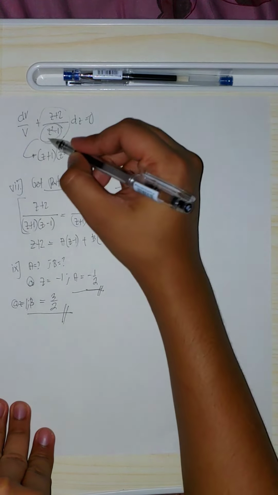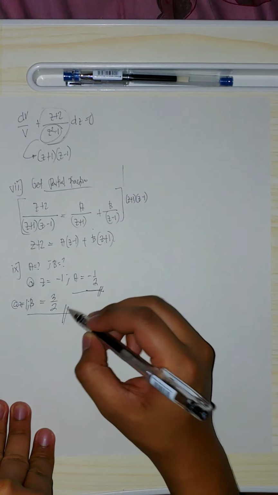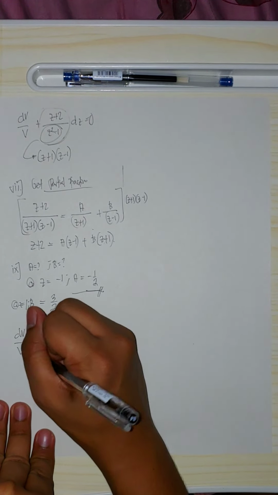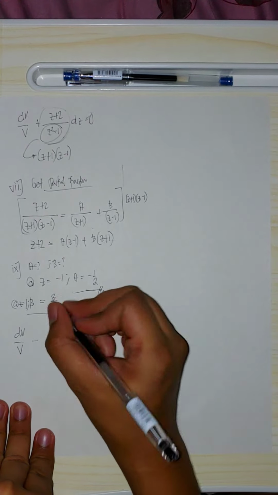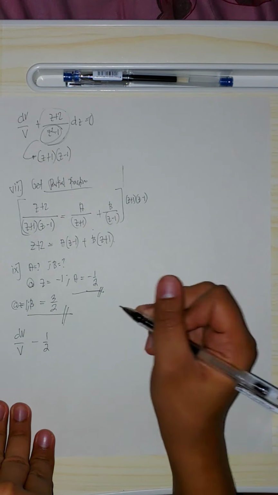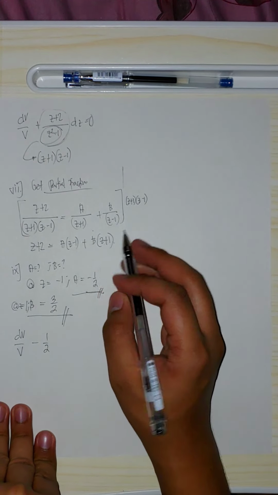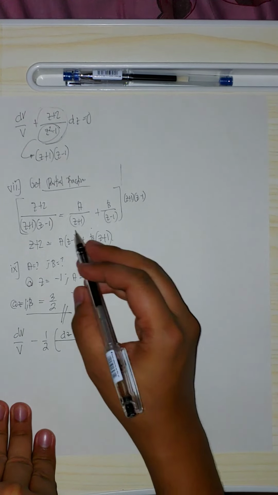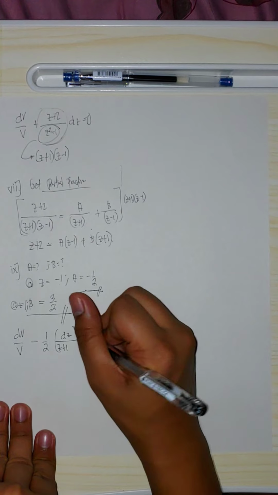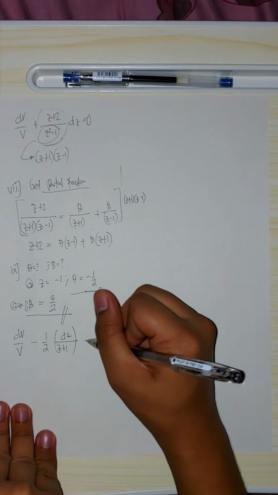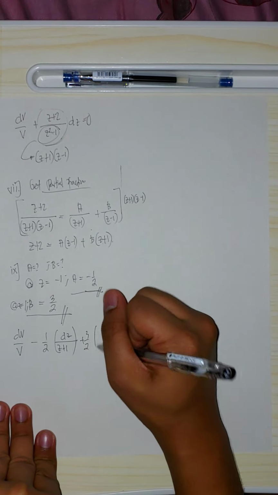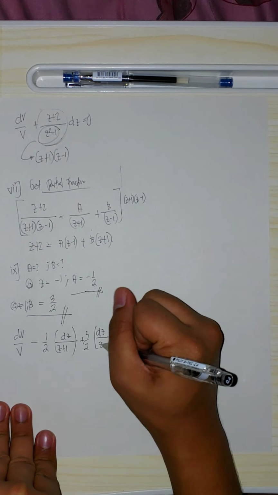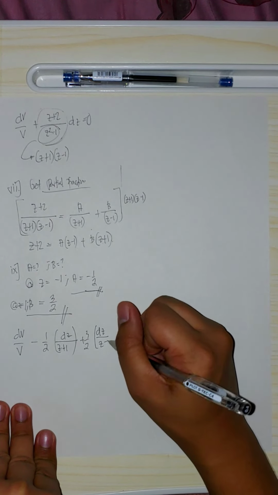So the earlier expression can now be rewritten like this. We have a dv over v minus 1 half times dz over z plus 1, and then plus 3 halves times dz over z minus 1.